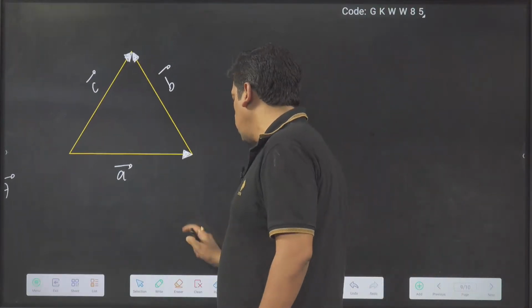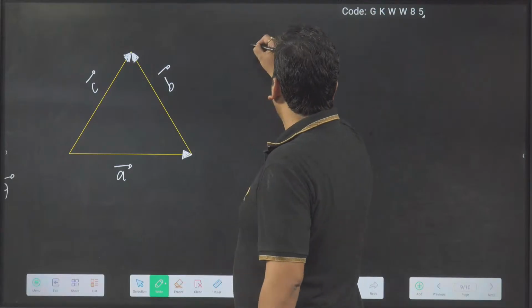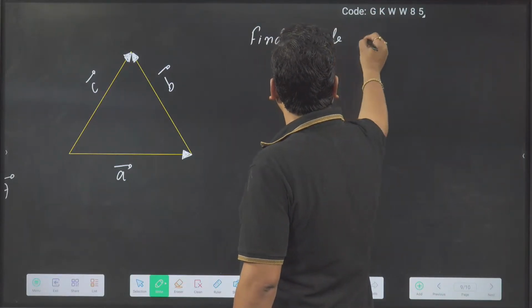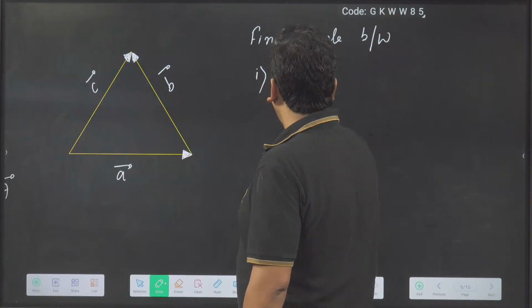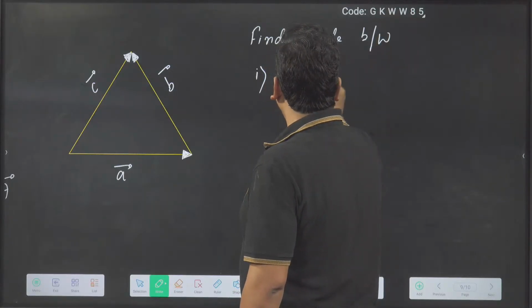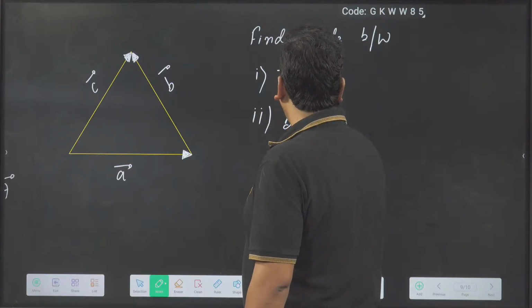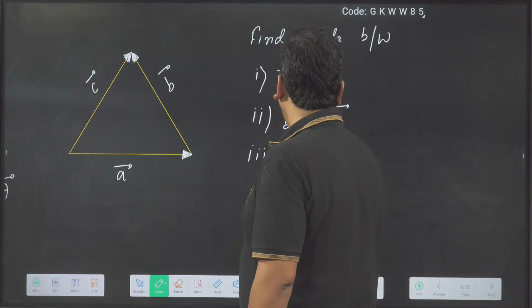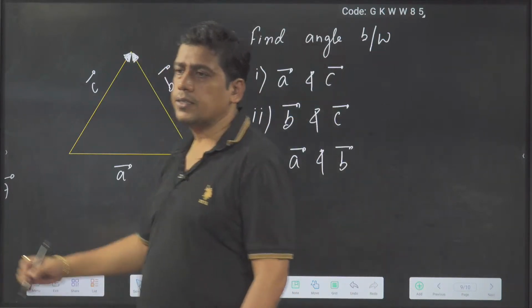I hope you know all angles are 60 degrees, inside angles are 60 degrees. So the question is, find the angle between: question number 1, A vector and C vector. Question number 2, B vector and C vector. Question number 3, A vector and B vector. Come on, tell me the answers first.